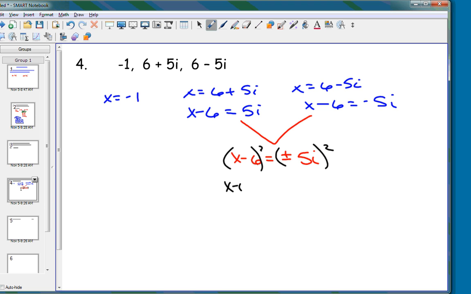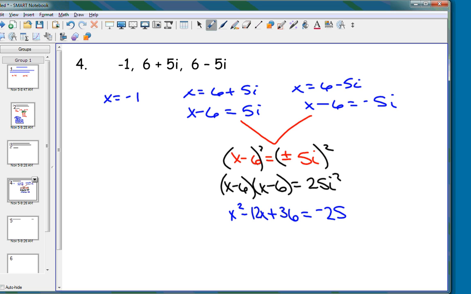So that gives me x minus 6 times x minus 6, two times, is equal to 25i squared. So I'm going to FOIL this. x squared minus 12x plus 36 is equal to negative 25. Why is that equal to negative 25?